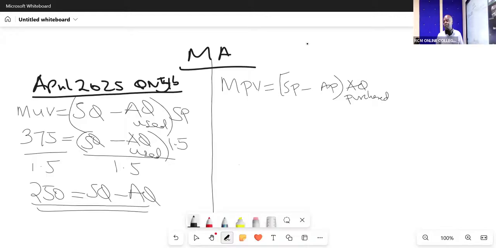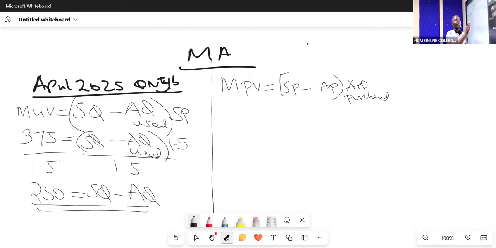Now I want to introduce something very, very important. Here, we don't know the actual price per unit, per kilogram. We don't know the actual quantity. At least for SP, we know the standard price per kilogram, which you gave me as 1.5. This I know. So in that case, what should I do as a serious student?